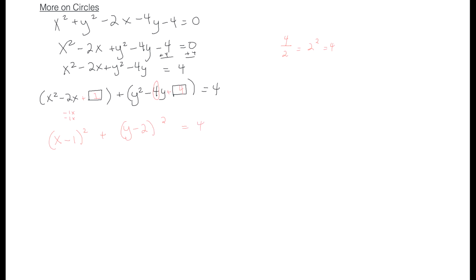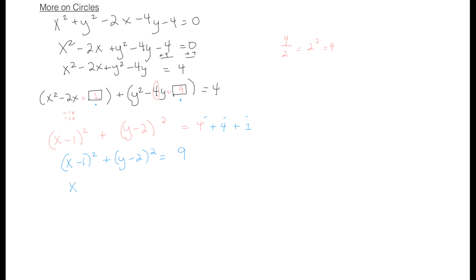But then I added a 4 here and a 4 here, so I'm going to add a 4 to this side. I added a 1 here, so I'm going to add a 1 to this side. I want it to still be balanced. So x minus 1 squared plus y minus 2 squared equals 4 plus 4, 8, plus 1 is 9.